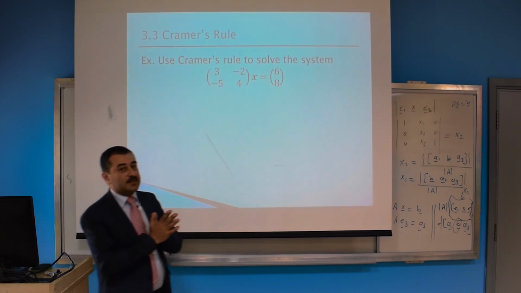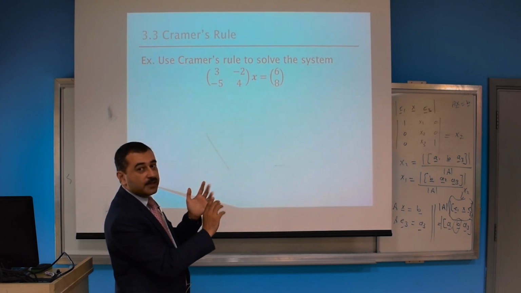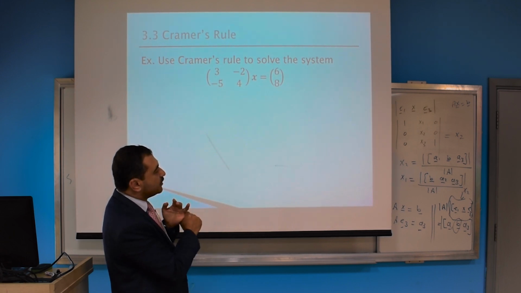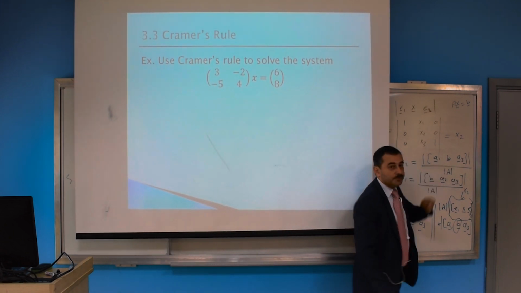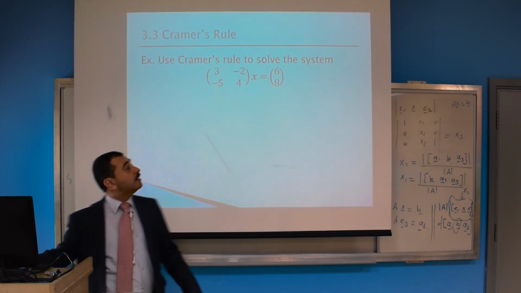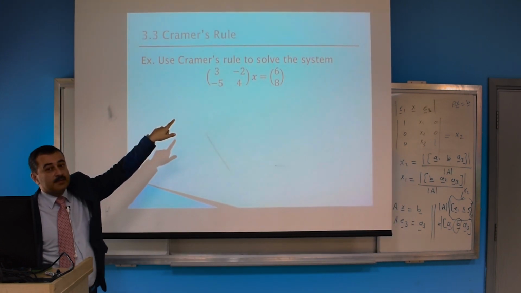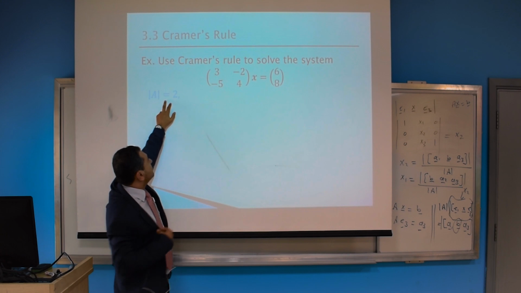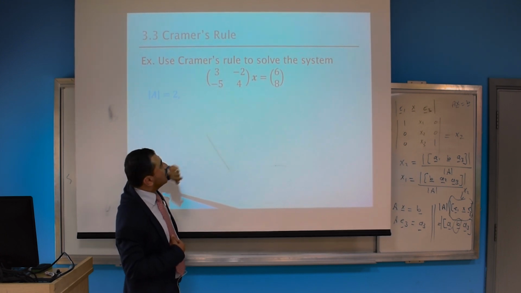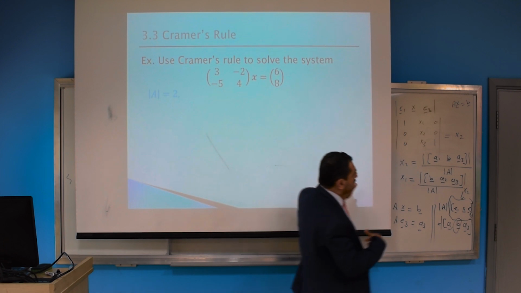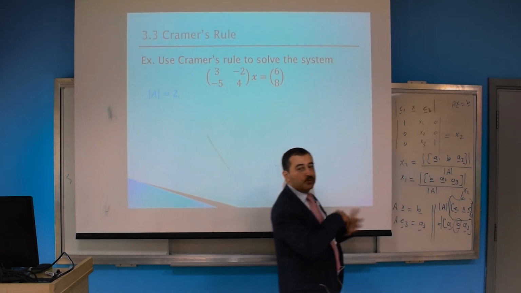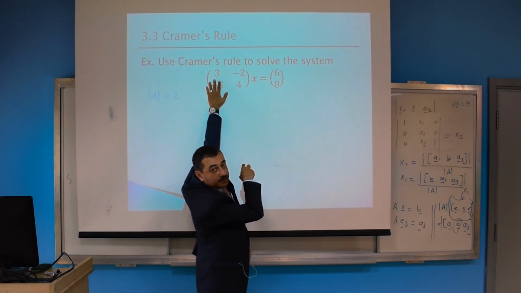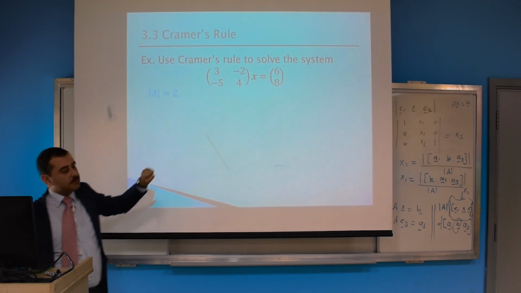If I have this small system, Ax equal B, and I want to find x1 and x2 using Cramer's rule. First I'll find the determinant of A, which is 12 minus 10, which is 2. So this is the first thing to find, the determinant of A. And then I'm going to find what is called A1 of B and A2 of B. First, I'm going to replace the first column of A with B and find the determinant of this new matrix.